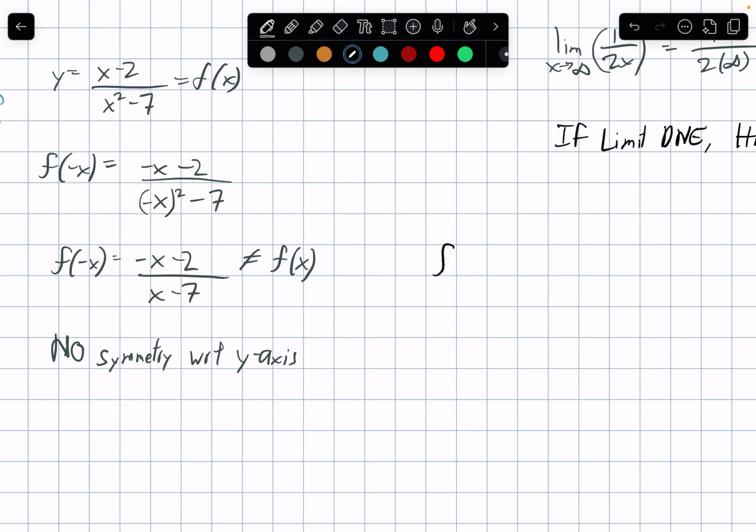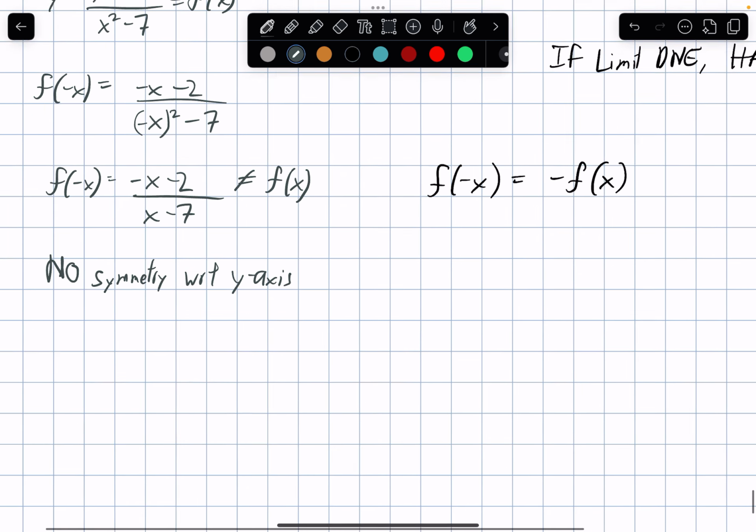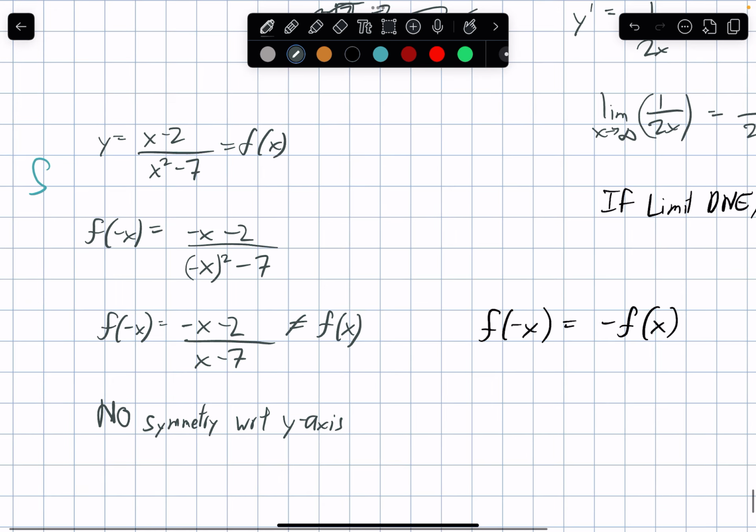Again, for symmetry with respect to the origin, f of negative x has to be equal to negative f of x. So let's see.